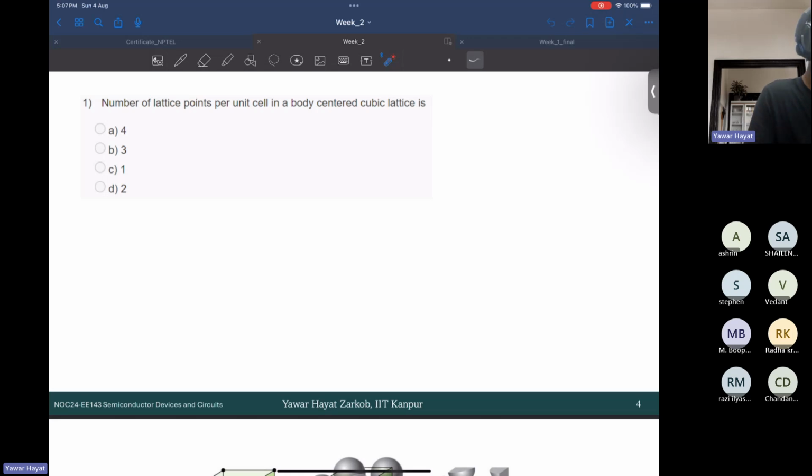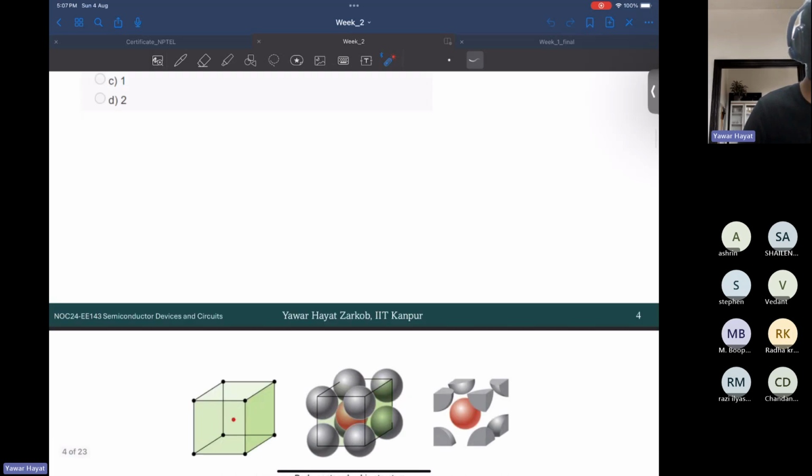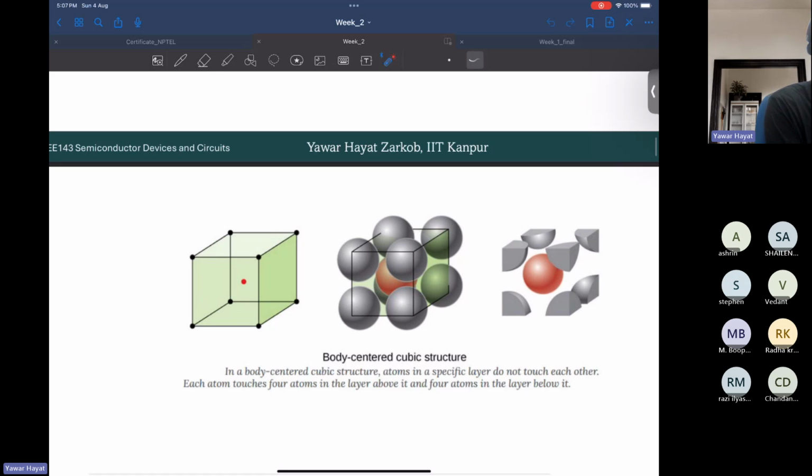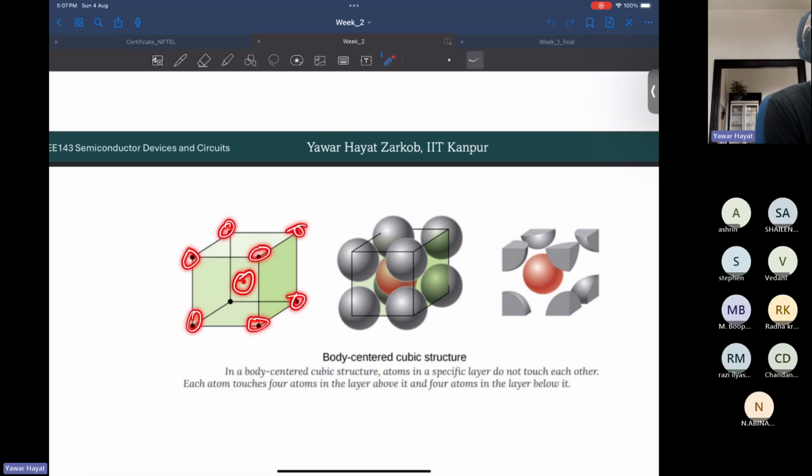So what is a body-centered cubic lattice? In a body-centered cubic lattice, we have atoms at the 8 corners, and there is an atom that the unit cell covers. This atom, I'm talking about this one. Apart from these 8 ones that are present in the primitive unit cell, this is the one extra atom that is present in the BCC.